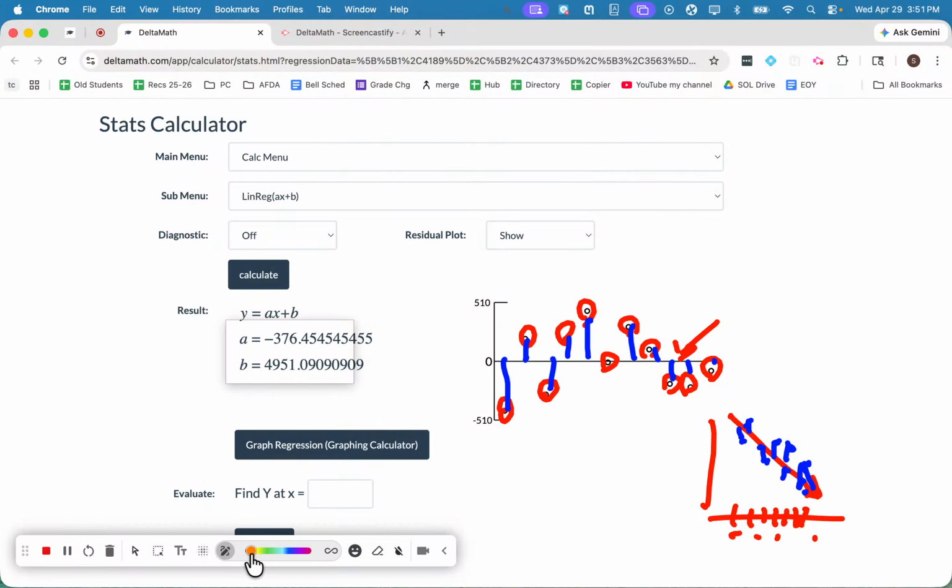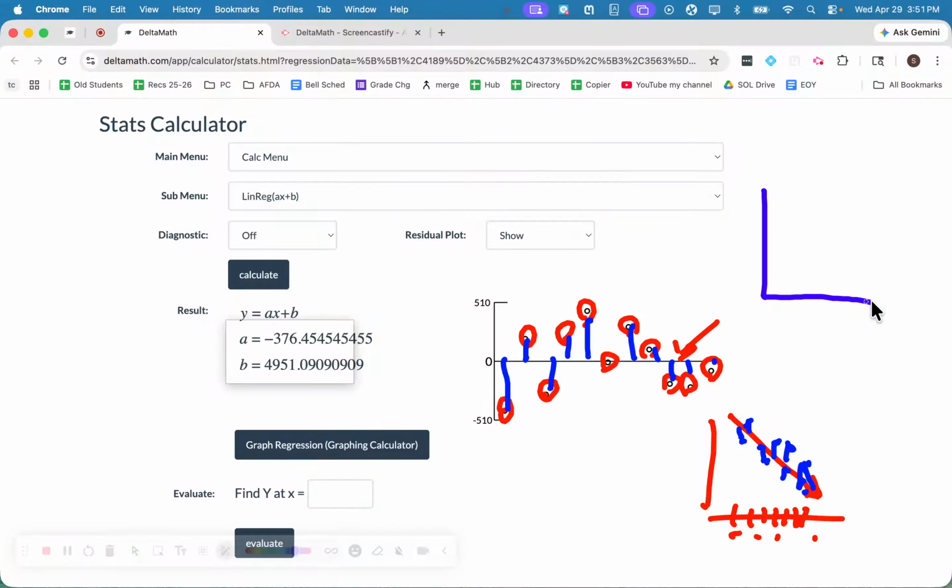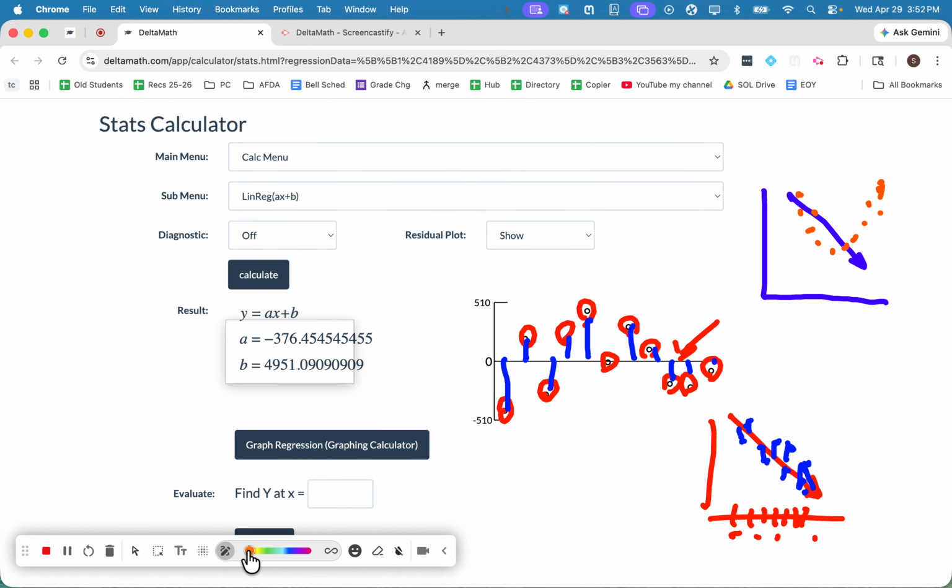If it is not random, and you'll see an example of this maybe next time, here's our line, but the data looks kind of like this. Wouldn't it be better to not have a linear model, but a quadratic model?